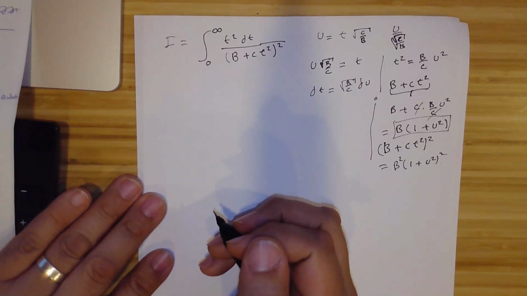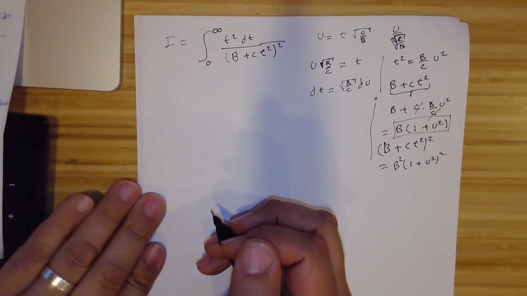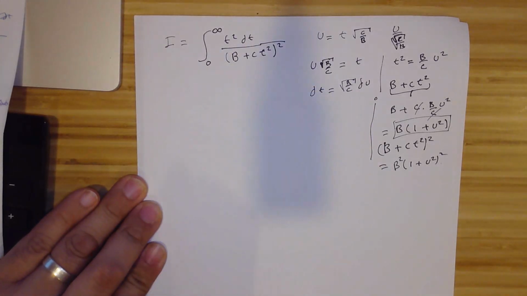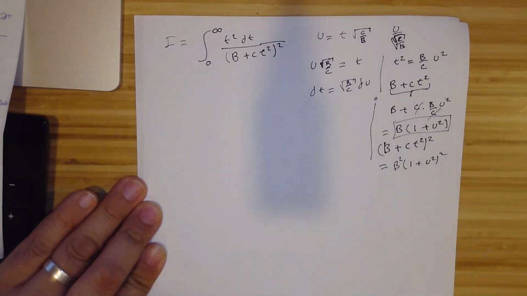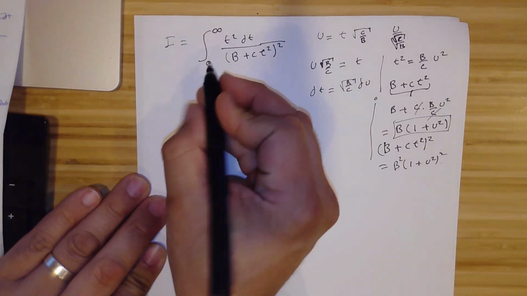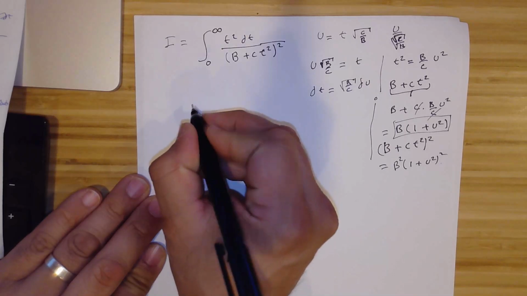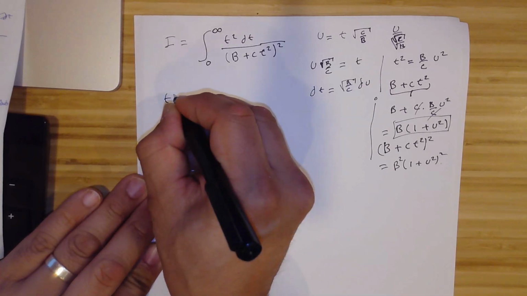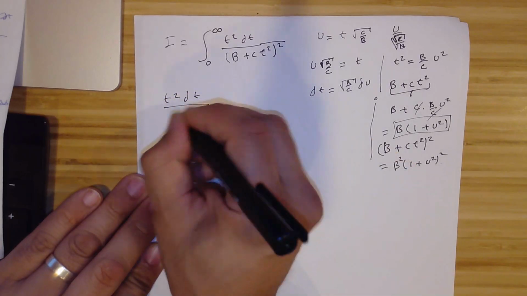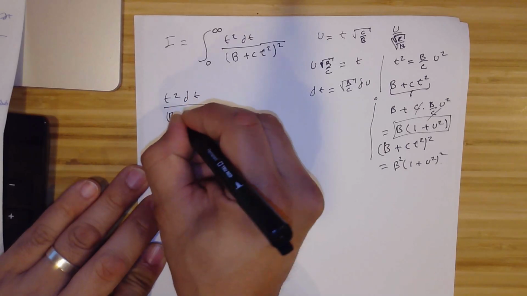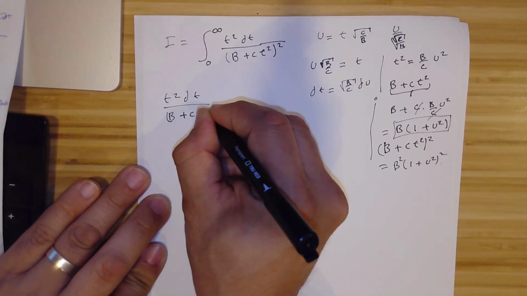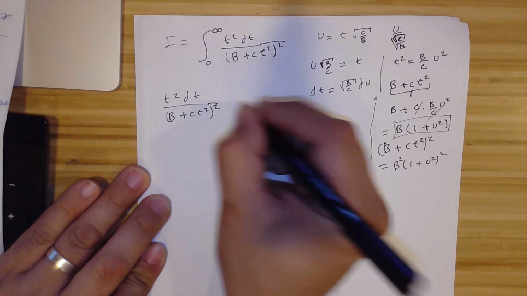Then we have to include what we have inside of the integral with the new variables, and then we will do the substitution also of the variable limits. So we have t square dt, right, over b plus c t square squared.